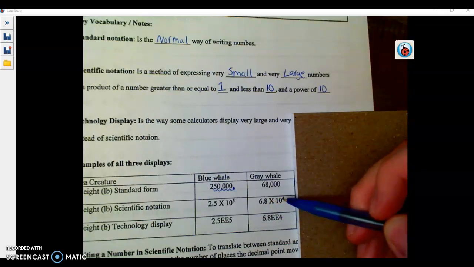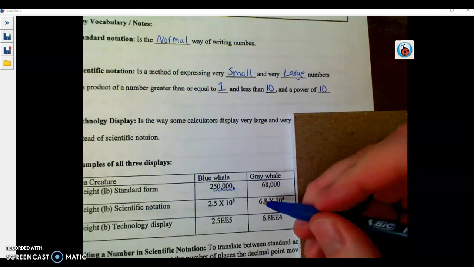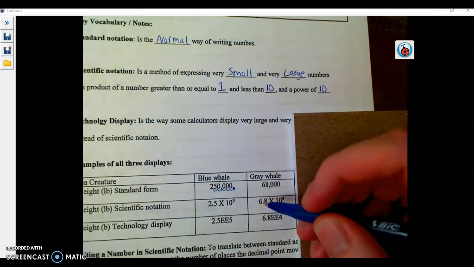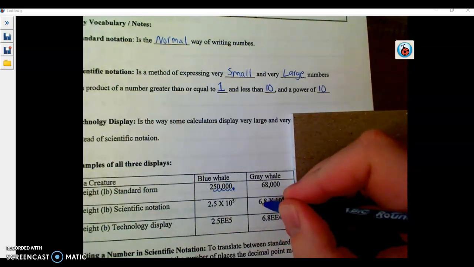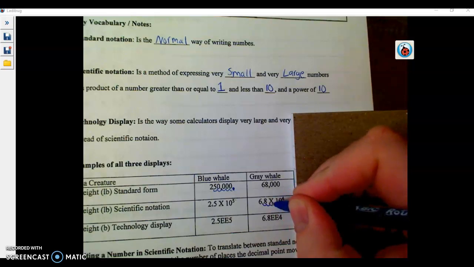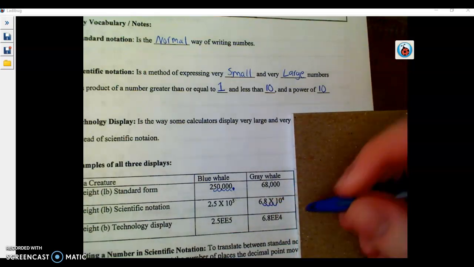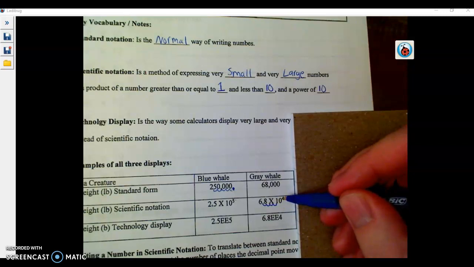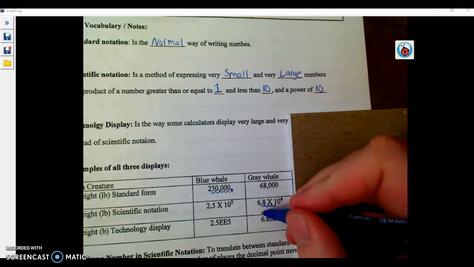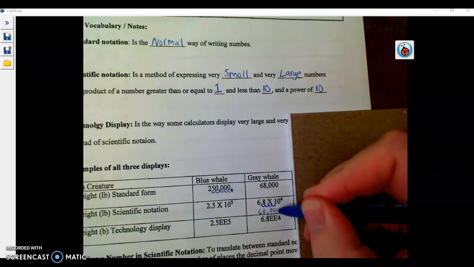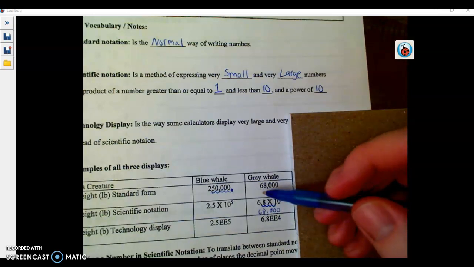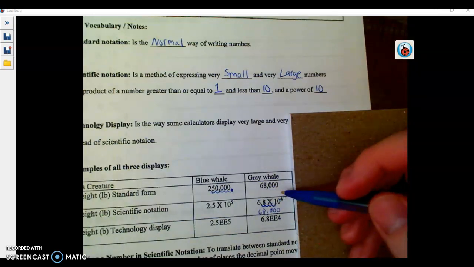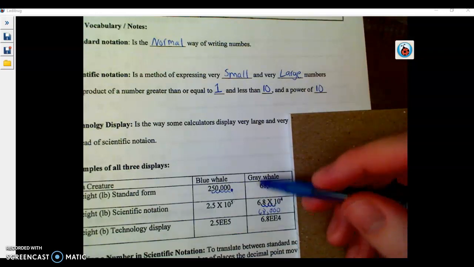Again, that times 10 to the power of 4 just means I could take 6.8 and move it 1, 2, 3, 4 decimal places to the right, and you would get 68,000. It's just another way of displaying a really large number. Honestly, 68,000 is not a huge number, but you can work with some really big numbers.